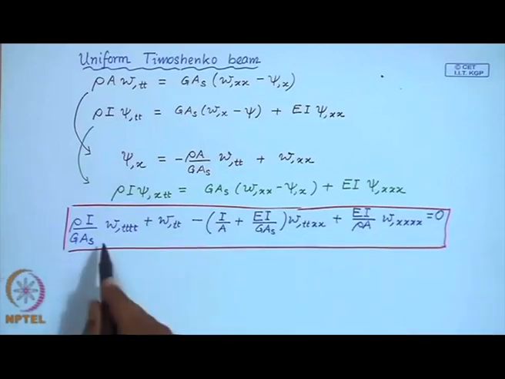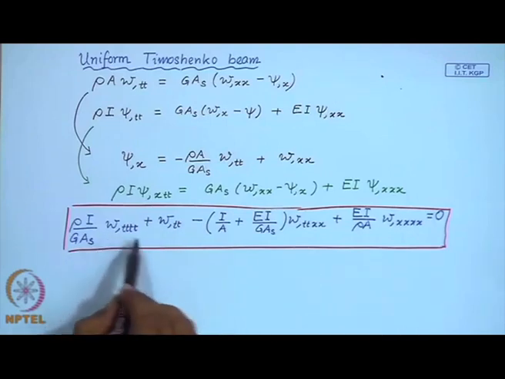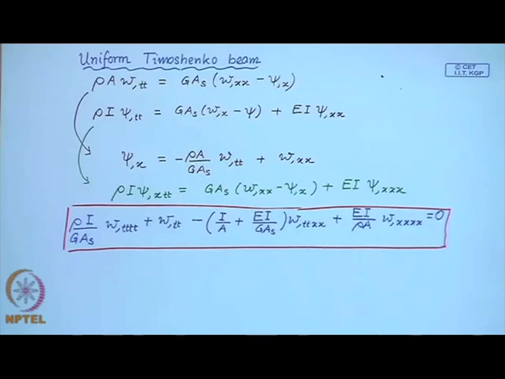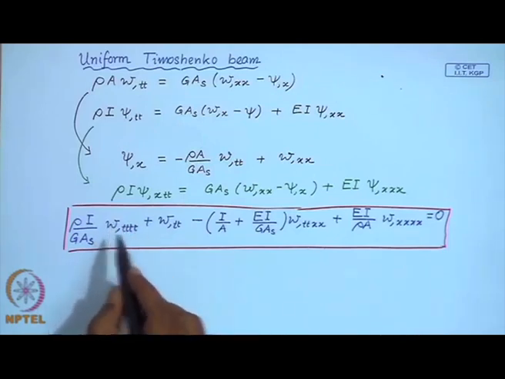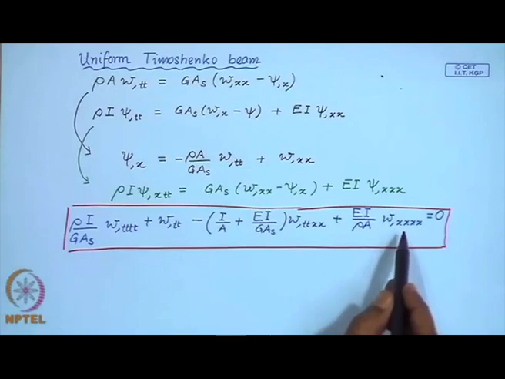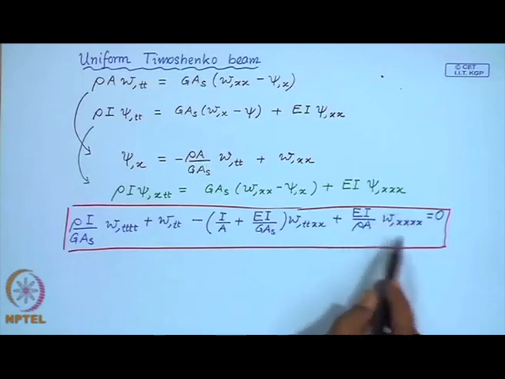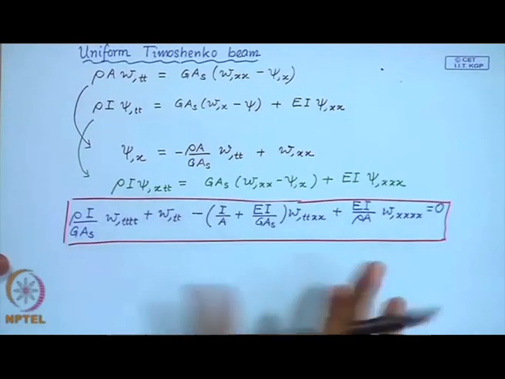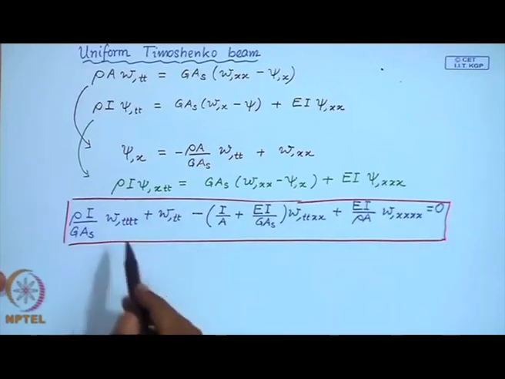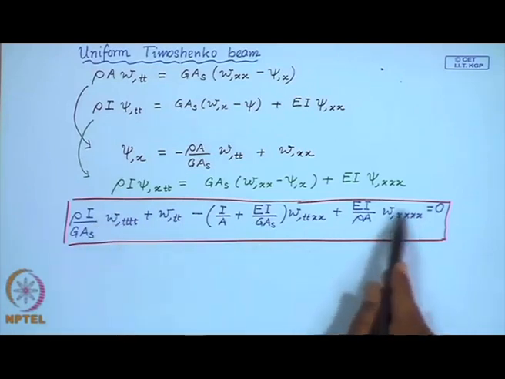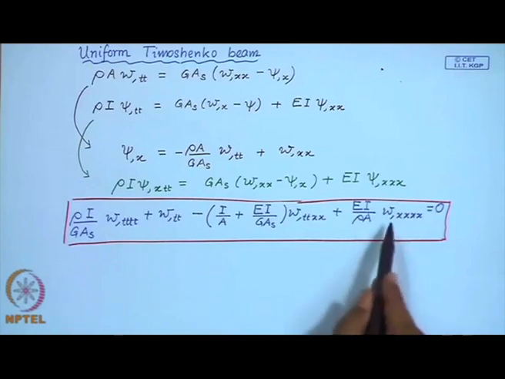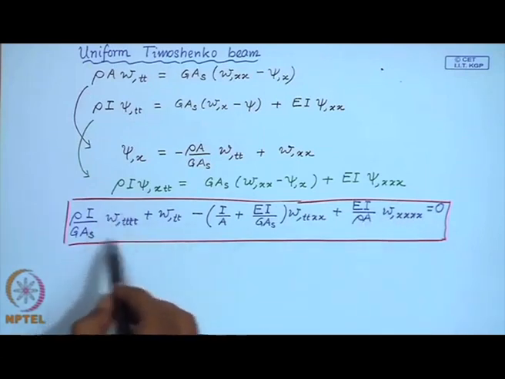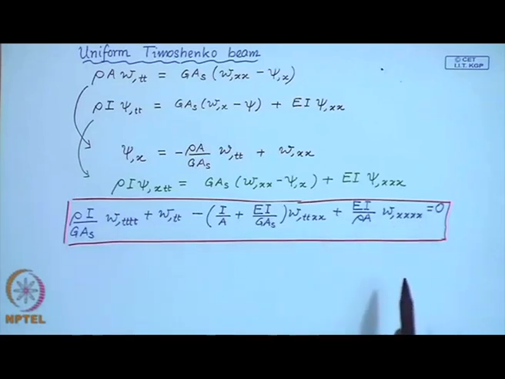Now, this equation is in terms of this field variable W, but notice that here you have fourth derivative with respect to time. This has fourth derivative with respect to space. So, to solve this equation, you will need 4 initial conditions and 4 boundary conditions.